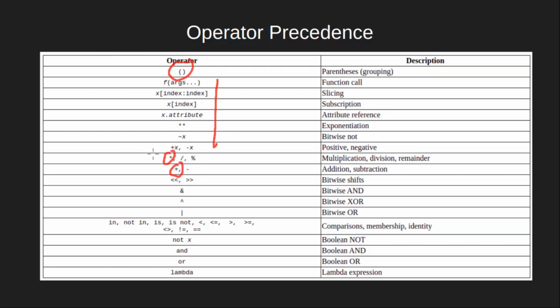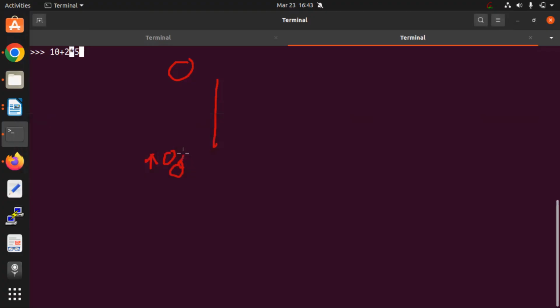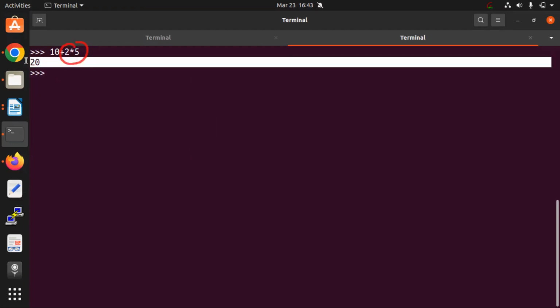And we can see that the multiply operation has higher precedence as compared to the plus operator. So in this case, the multiply operation is going to be performed first. So we'll perform 2 into 5 first. That becomes 10. That 10 gets added with this 10 and we get the answer 20.